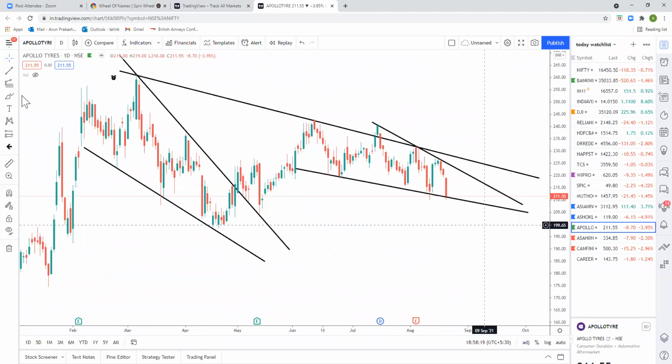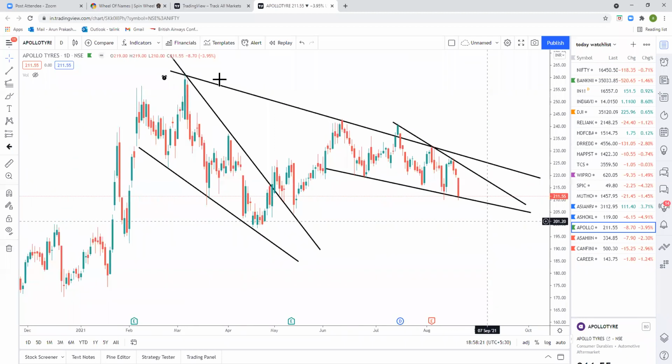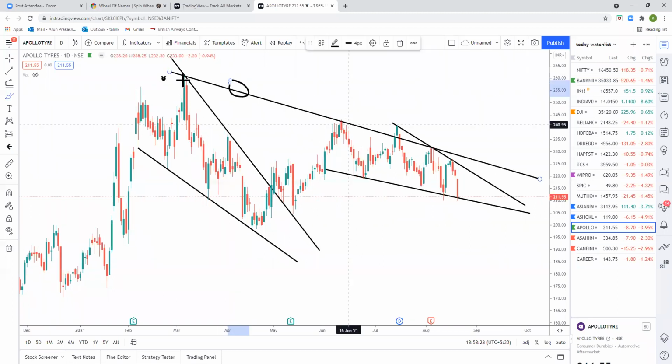I would prefer this trend line more. I'll give importance to this more because I'm getting more number of touches out of this, and this has been following from a long time, right? This is the falling wedge trend line resistance with just 3 touches.